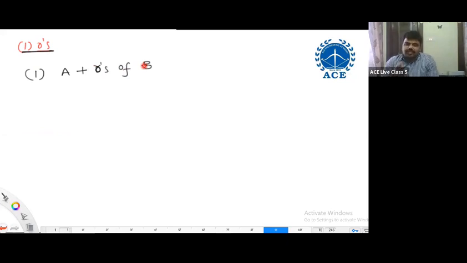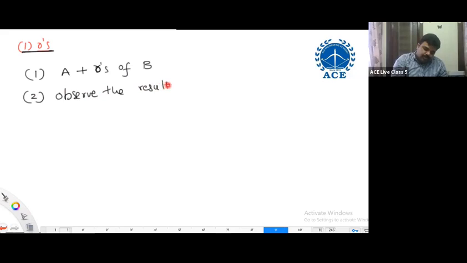For that, first take R's complement of B, add to the A. Second one is observe the result. In that observation, the first observation is what? A greater than B. If A is greater than B, there will be final carry out is 1. If A is greater than B, final carry out means carry from MSB, carry from MSD will be 1.